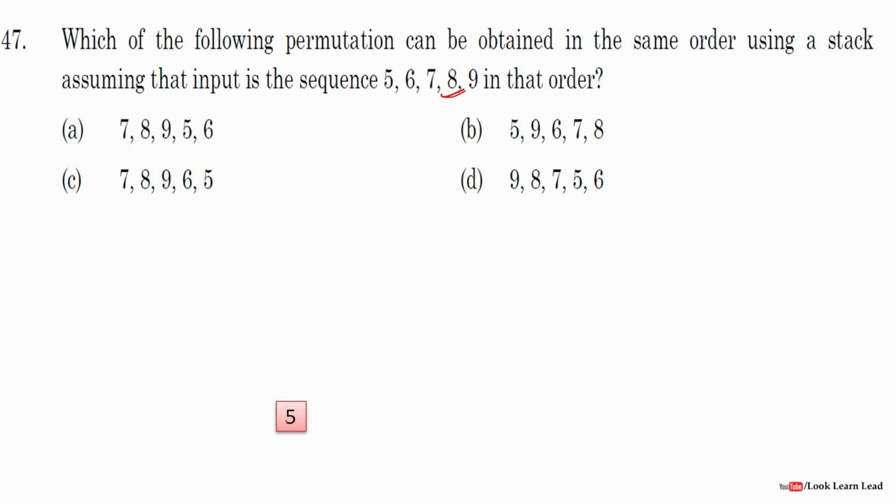We have a stack. I push 5 onto the stack. If I want to pop 5, I will be popping 5 over here, but 5 cannot be popped first because after 5 there is nothing here.